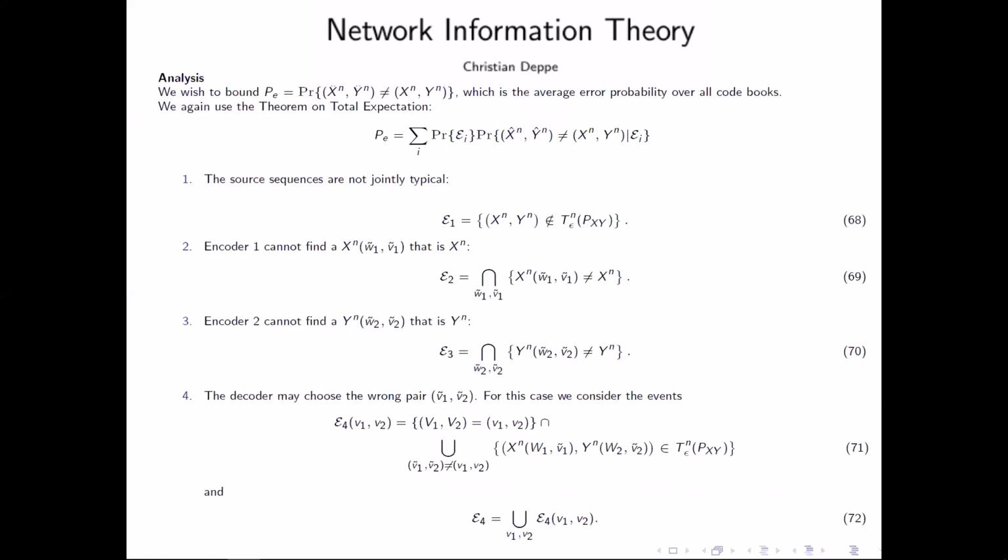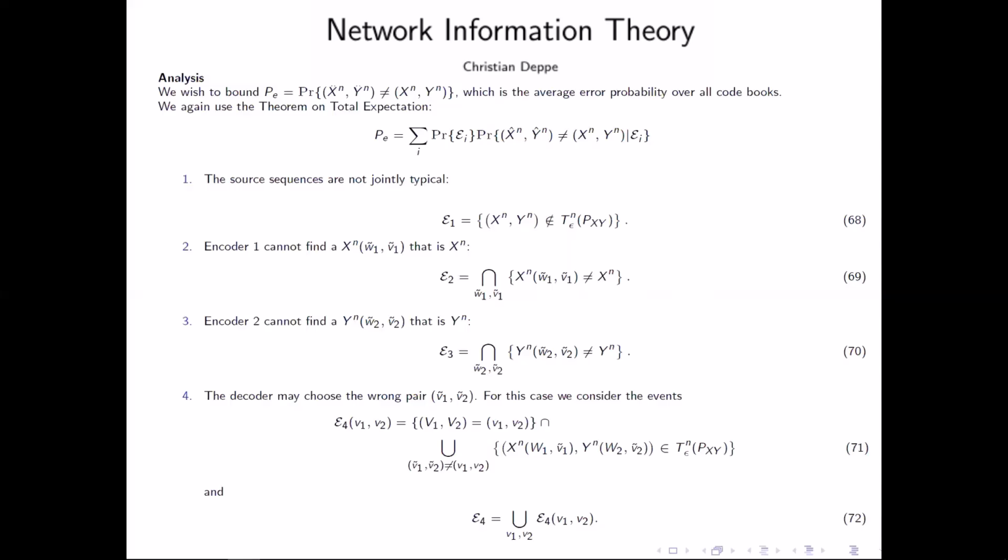How can we analyze this? Again, we wish to bound the error probability, that the estimate of x^n and the estimate of y^n are not equal to x^n and y^n. This is the average error probability over all codebooks. Again, we use the idea of the theorem on total expectation.